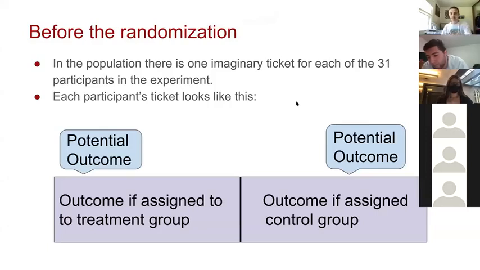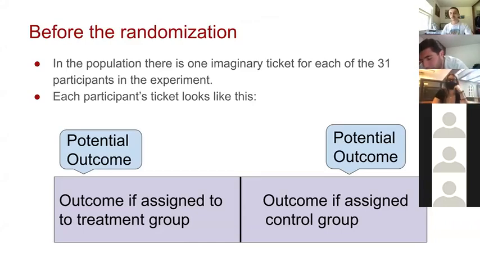Before the randomization, you can imagine that each participant, and there are 31 of them in the experiment, has a ticket with two parts. One is what happens if the subject is assigned to the treatment group, the other is if the person is assigned to the control group.